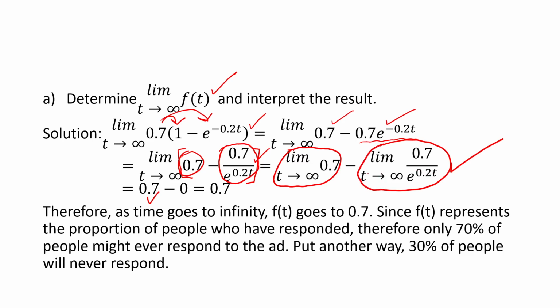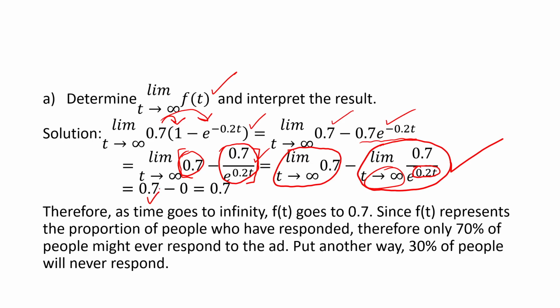as t goes to infinity, this exponent on e is going to become infinitely large. Now, e is equal to roughly 2.7. So our denominator will be essentially 2.7 to an unimaginably huge number. Well, that's going to be really big. And so 0.7 in the numerator will be dividing this huge number.